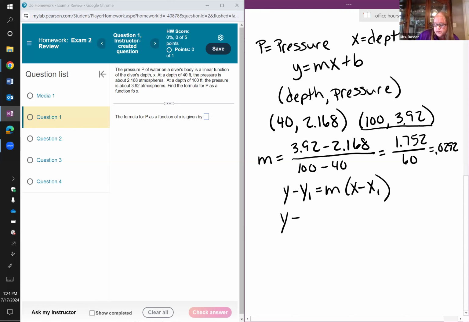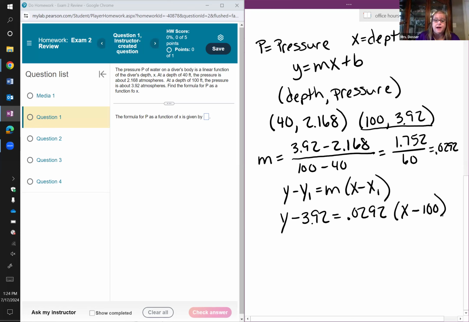We picked the second point, so 3.92 is the Y value. And that's equal to the slope, which we found to be 0.0292, times, again, I'm leaving X as my input variable, and then I'm subtracting x1, the X value of the point we chose. And so that's the 100.